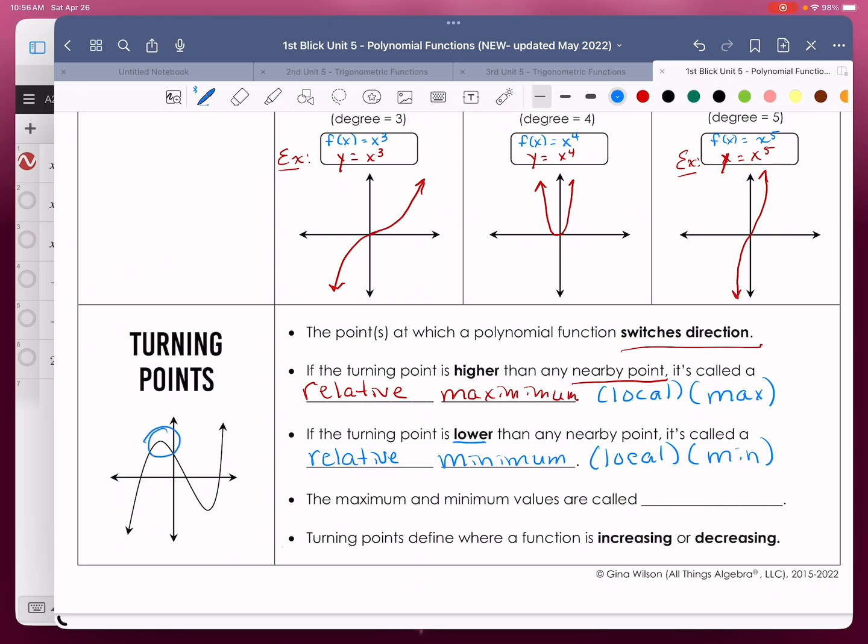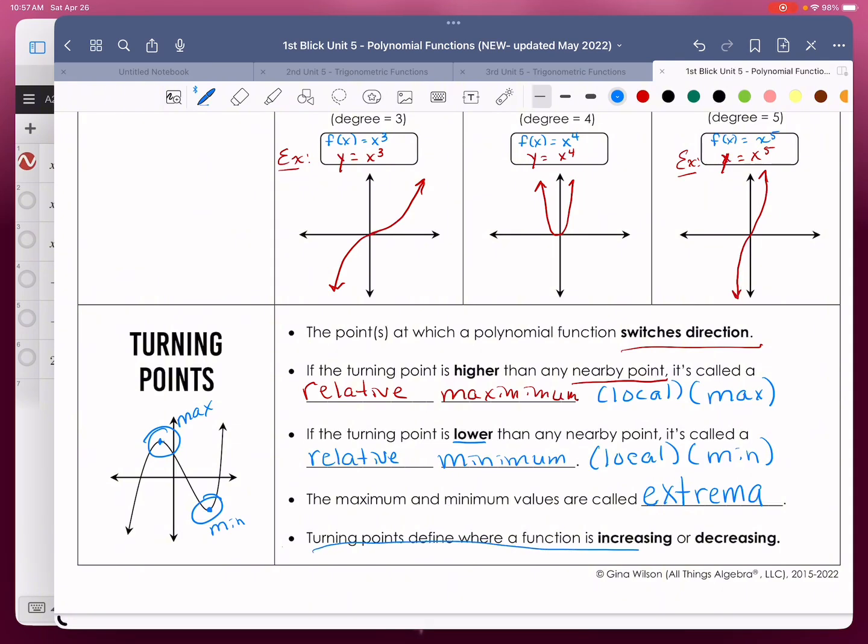See, it's higher than any points around it. So this would be your max, and this is your min. That's the lowest point, and both of these are the points where those graphs change places. Now the minimum and maximum values both are referred to as extrema.